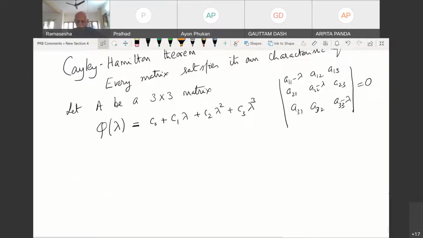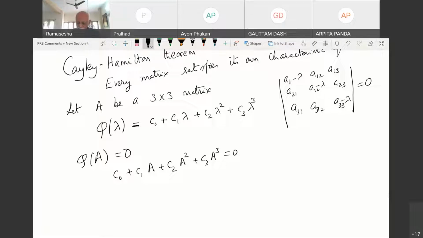Now you see something interesting. We know that phi of A is equal to 0, which means C0 plus C1A plus C2A squared plus C3A cubed equals 0.